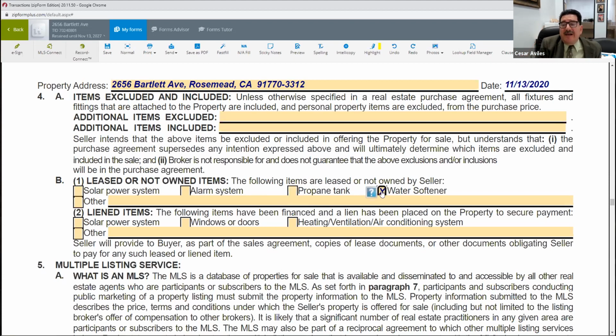Sometimes you have the Culligan man servicing the water softener in some places. Guys, this is serious business. Solar power costs money. Alarm system, sometimes it belongs to the ADT company and they're only charging the monthly fees. And then they're gonna go, I'm here to collect my alarm system and all the electronics and all of the smart cameras and devices. Oops, you're in trouble.